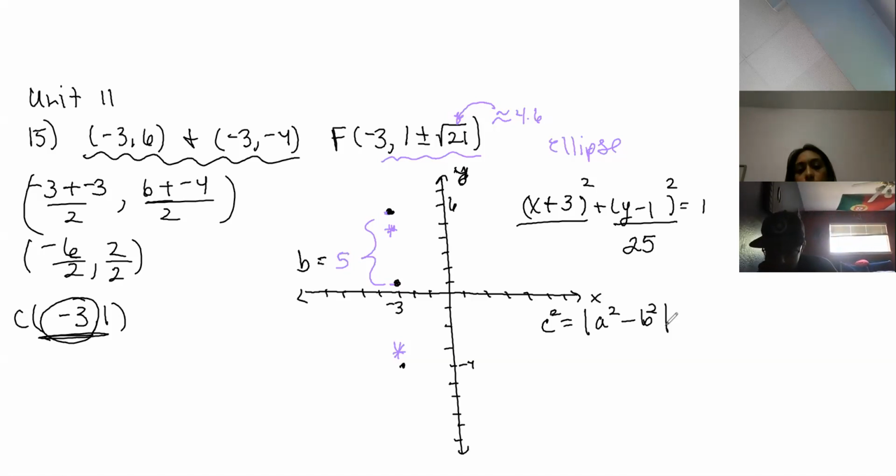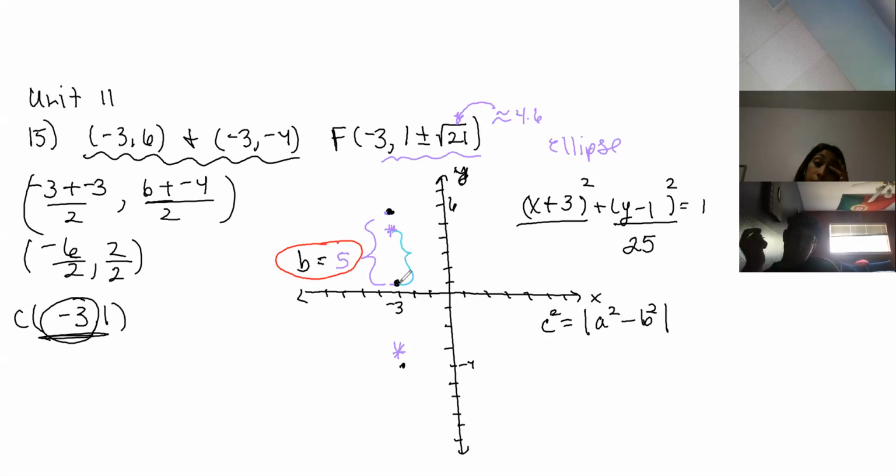Okay, so we'll worry about the large and small after. Right now, we know B is 5, because we figured that out earlier. We don't know A, because if I knew A, I would put it right there already. But I do know C. I don't have it in my picture anywhere, but C is this length right here.